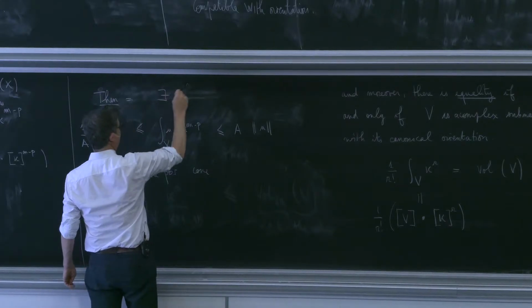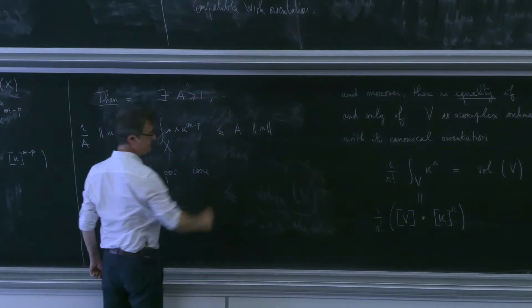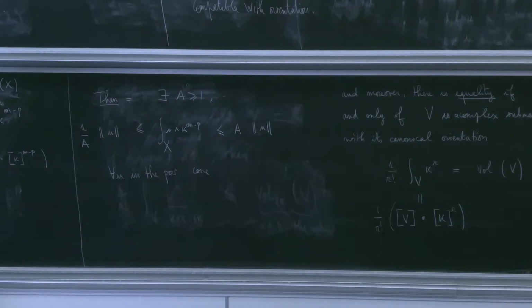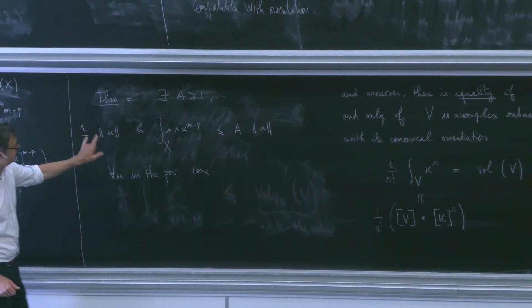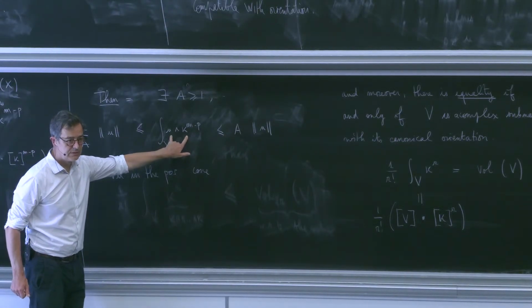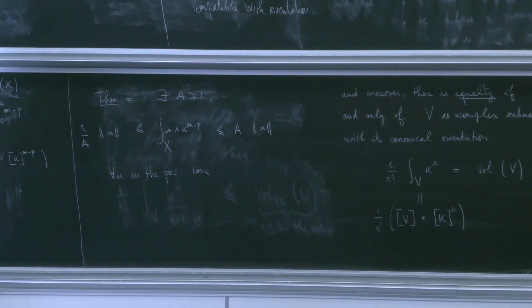So there exists A larger than 1 such that we have that. Computing norms or computing intersection products is comparable.